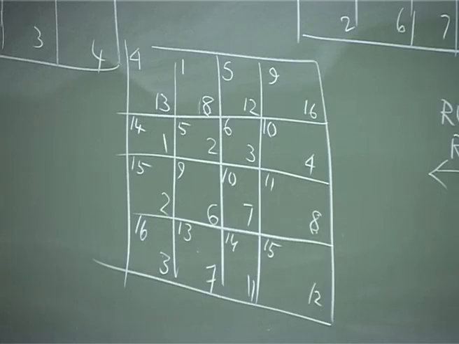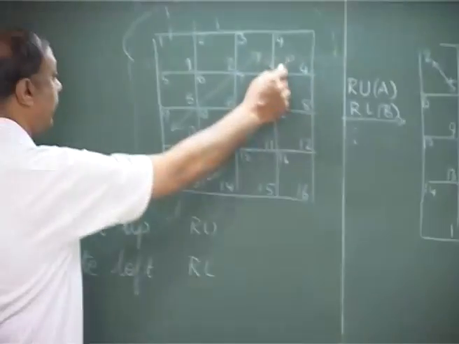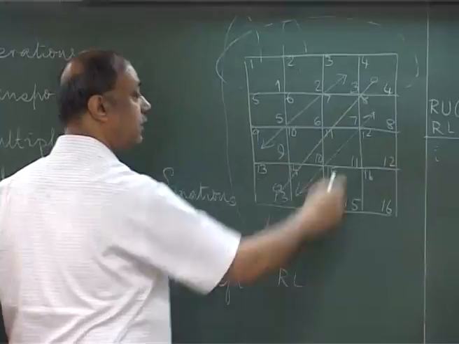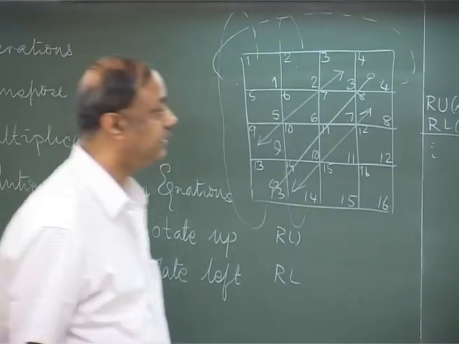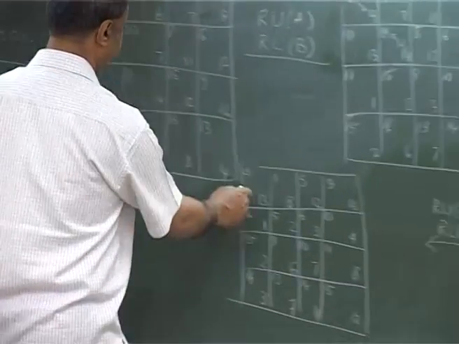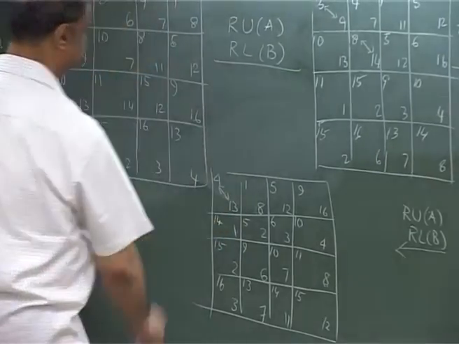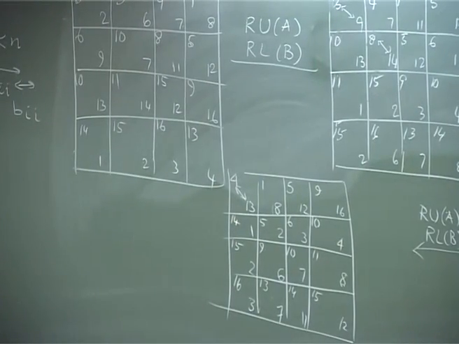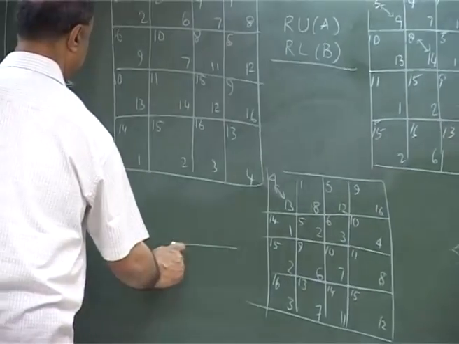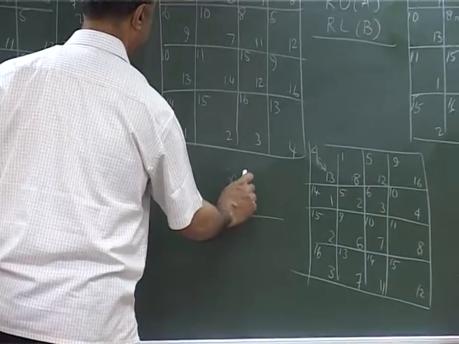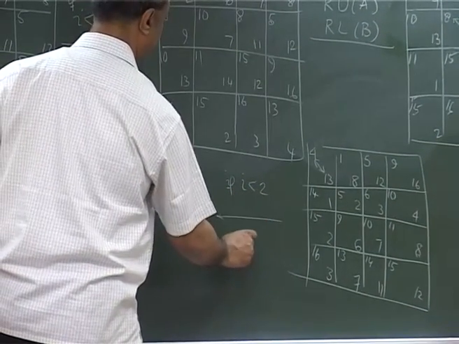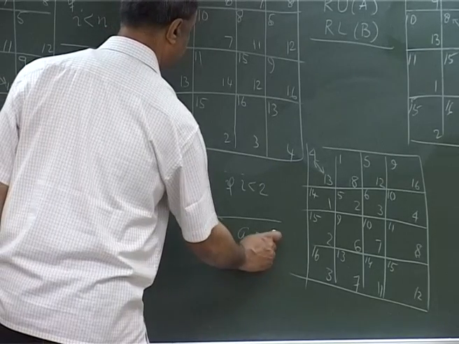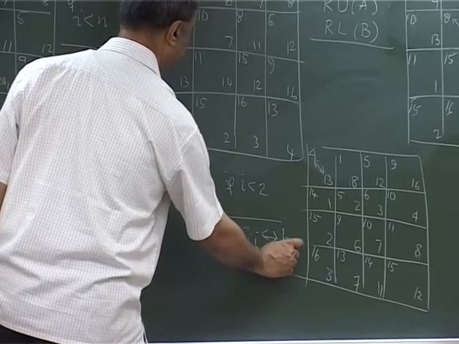Now you observe that these are to be interchanged, right? 4 with 13, which is lying here. So next one is that if I is less than 2, then AII is interchanged with BII.